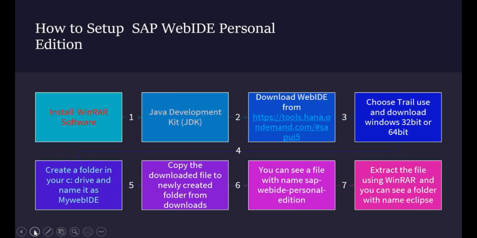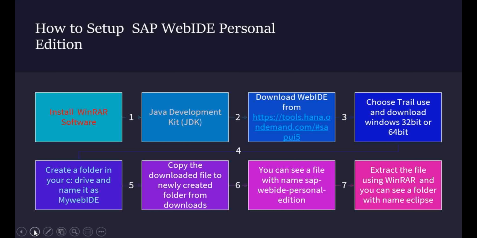Inside the download folder, you can see a file named SAP WebIDE Personal Edition. Then you have to extract that file using the WinRAR software. We already installed that in the first step. After extracting, you can see a folder Eclipse.